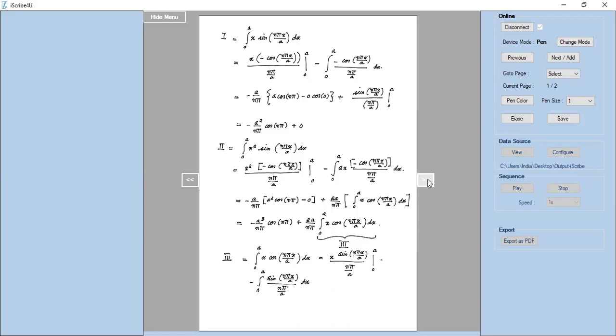So over here, your first term is going to give you a 0, right? And the second term is going to give you, so let me just write it, a by n pi. And then you'll have essentially minus cosine of n pi x by a divided by n pi by a, this whole thing, and you'll have to of course do it between 0 and a.